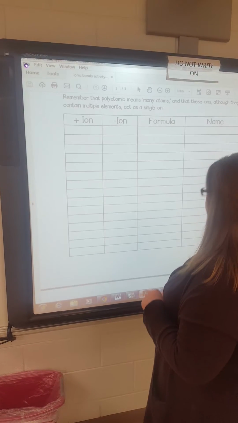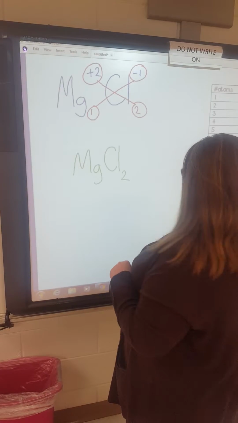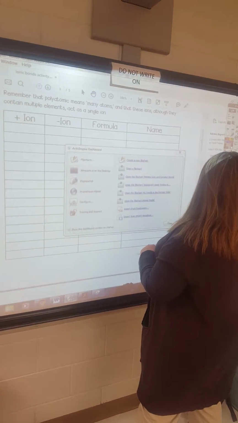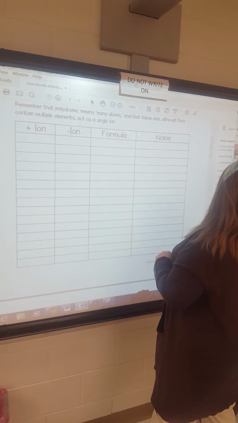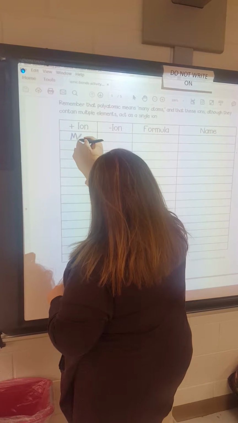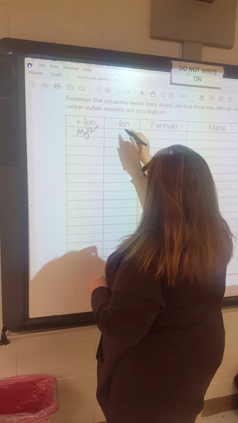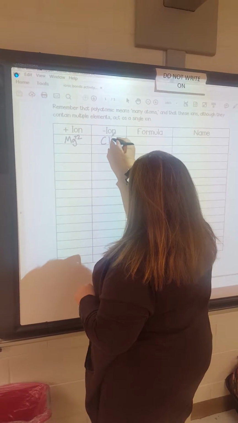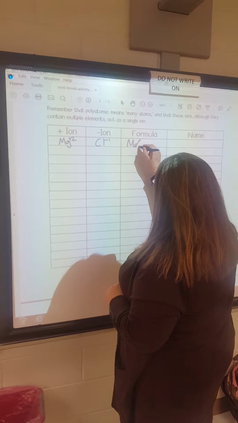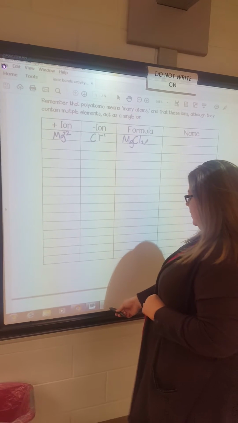Here is the paper that you have at home with you. For the ions, for the first one you're going to put Mg +2, and for the negative ion you're going to put Cl -1. Your formula is MgCl2, and now we have to name it.